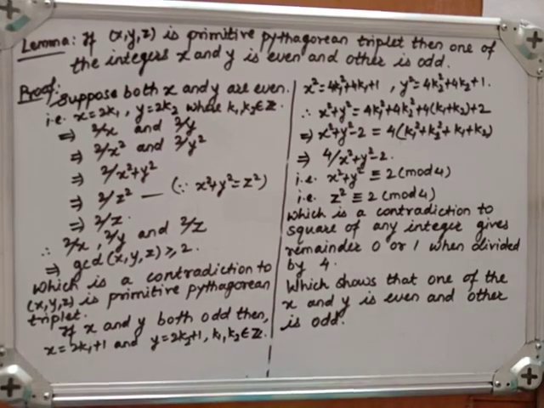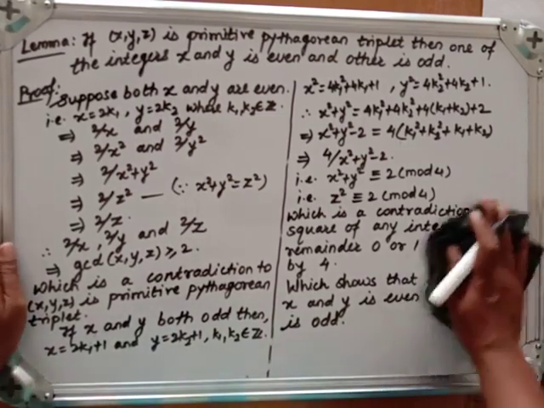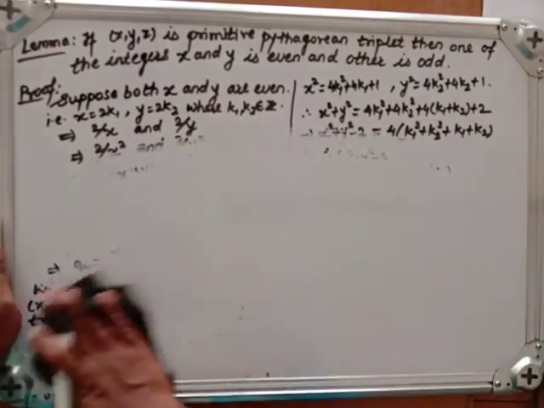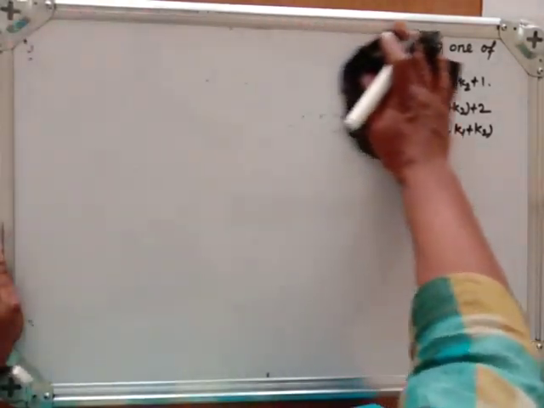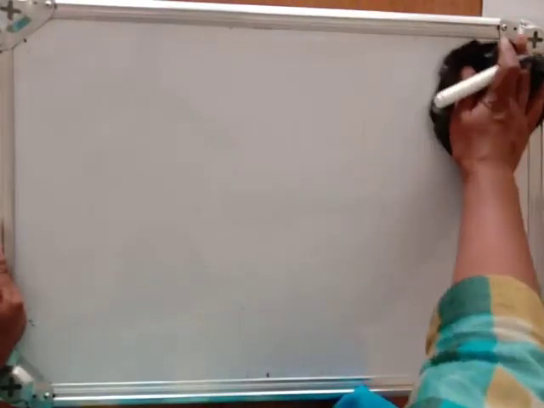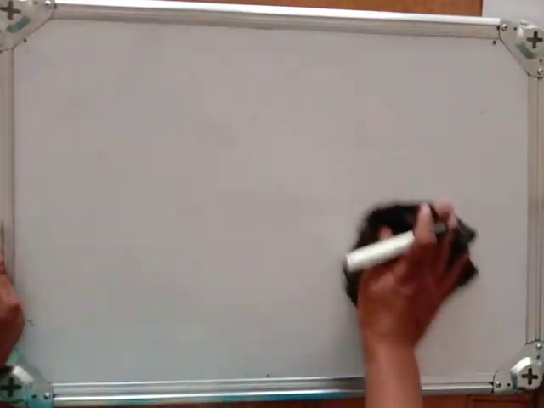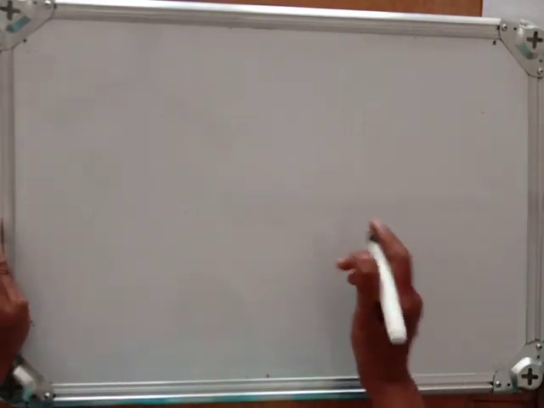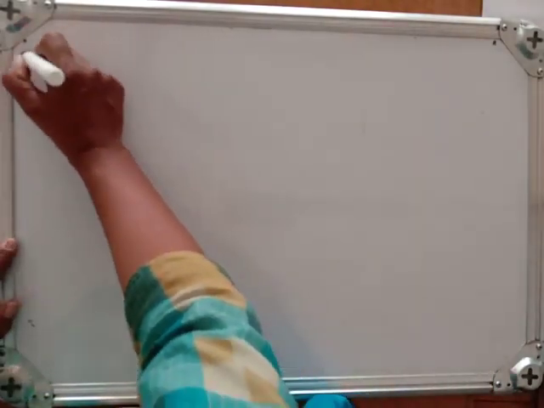Now from this let's write 2 remarks. If it is a Pythagorean triplet, then one of the integers x and y is even and the other is odd.